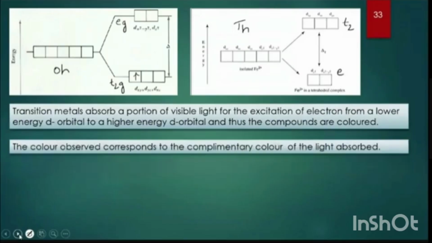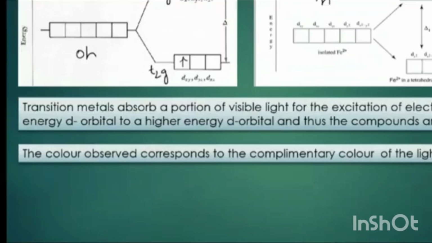The color observed corresponds to the complementary color of the light absorbed. What does it mean? The color of the compound formed depends upon what color has been absorbed in the visible region. When they absorb a portion of visible light, the color observed is the deciding factor for the color of the compound which is formed.